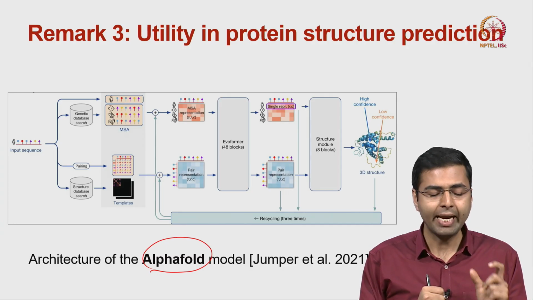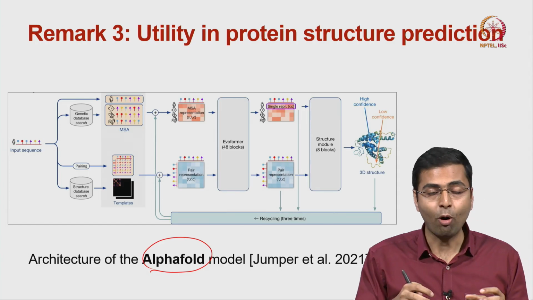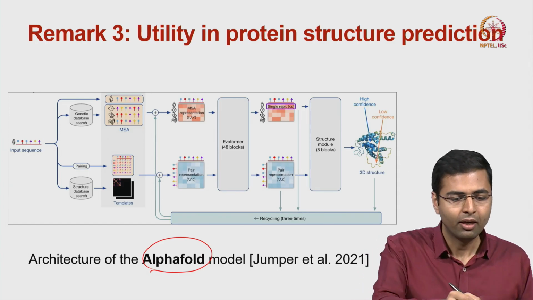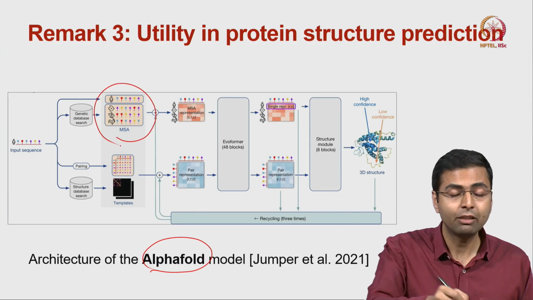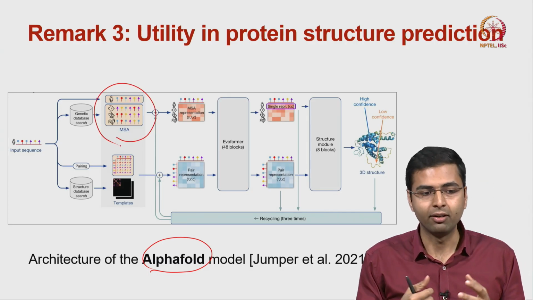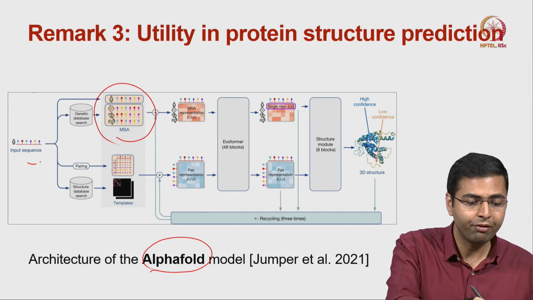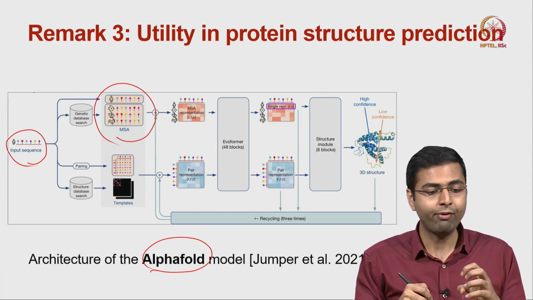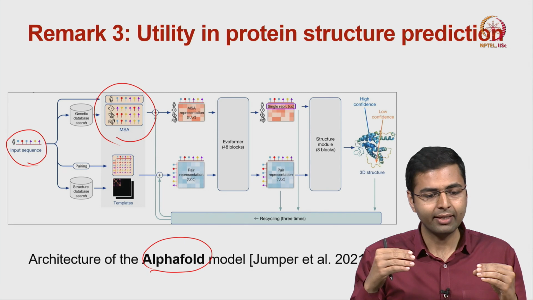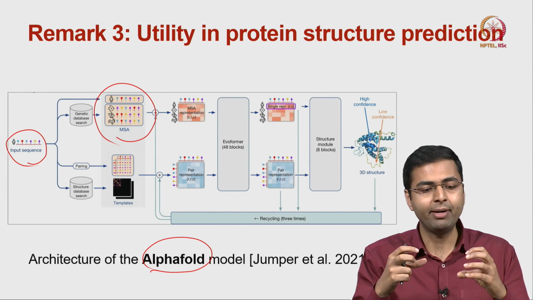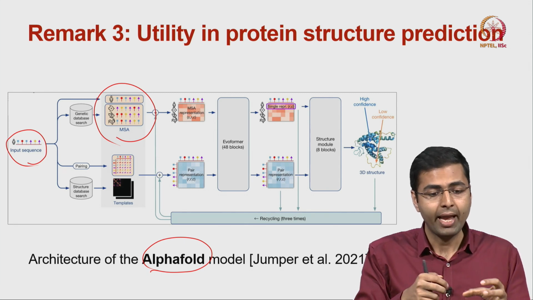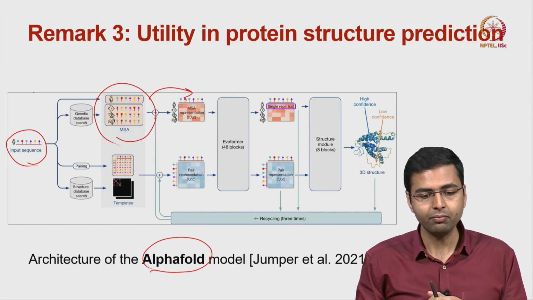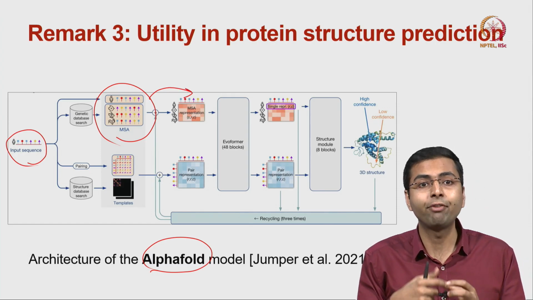What I want to emphasize is that in the model architecture used by the authors, they use multiple sequence alignment as a feature in the model. If you give the model an input sequence, it will do a database search to identify closely related sequences and do a multiple sequence alignment of those sequences, and that multiple sequence alignment will be fed to the model during both training as well as inference stages.